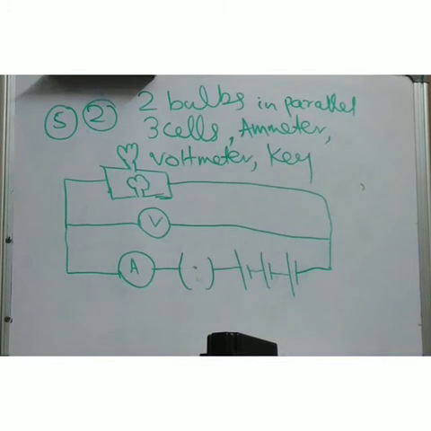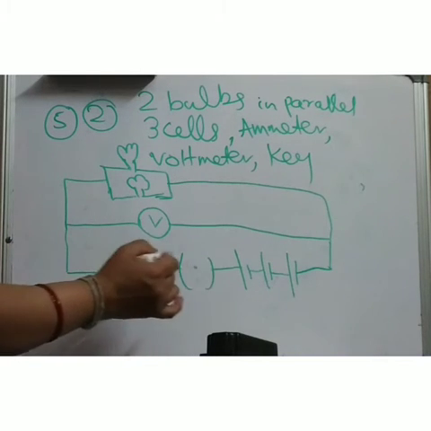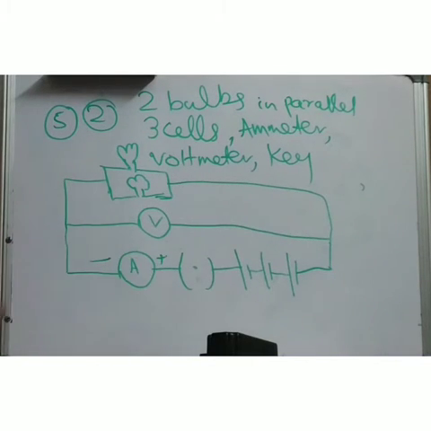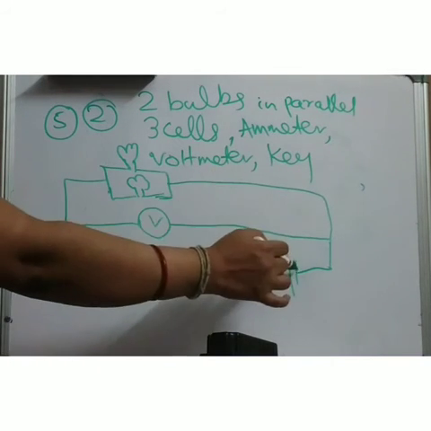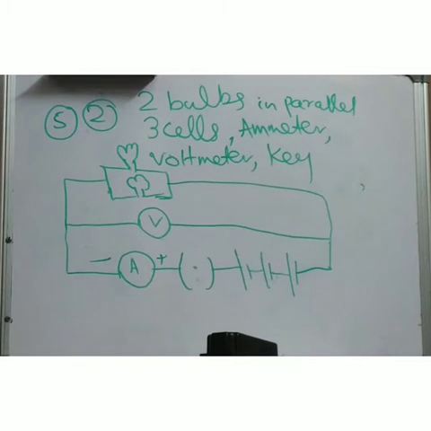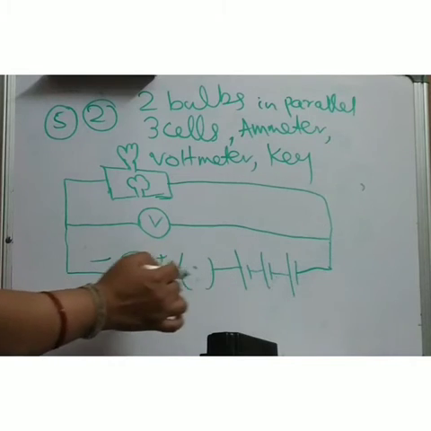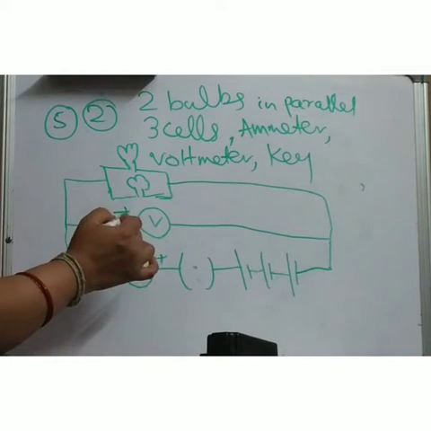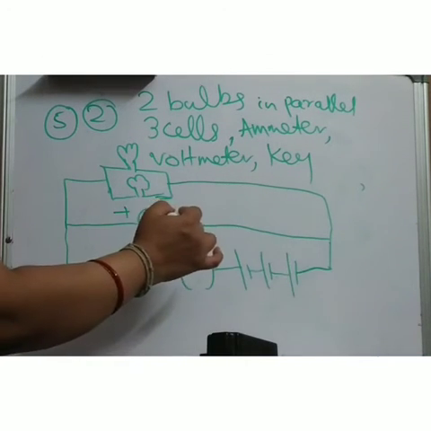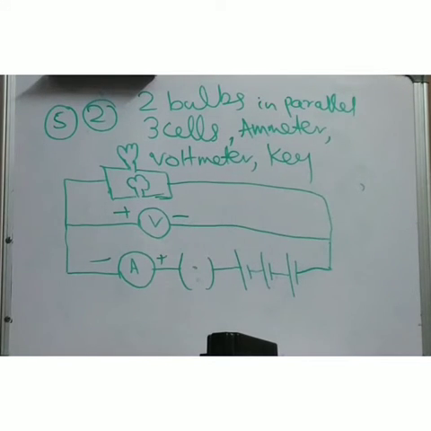Now you have to give the direction of current and the sign convention. For the voltmeter, positive to positive and negative to negative terminal, same as in the case of the ammeter. So this is positive, this will become positive, and this is negative, because the voltmeter is connected across the circuit in parallel connection.